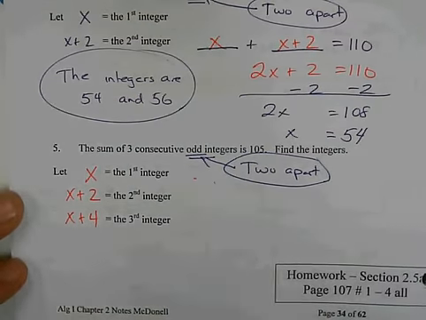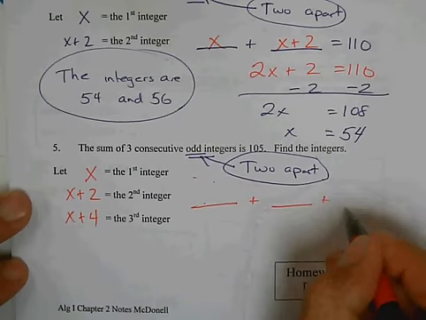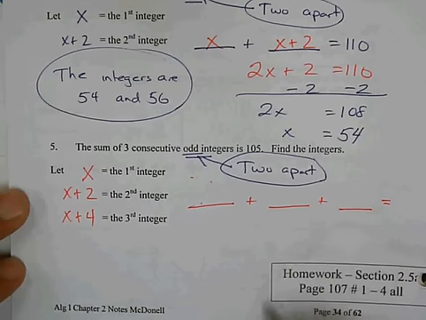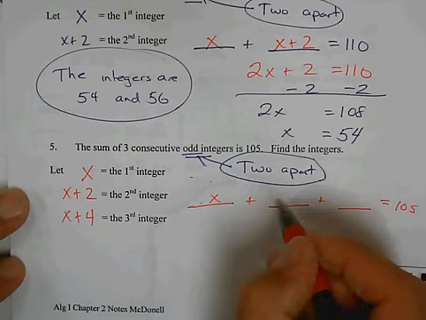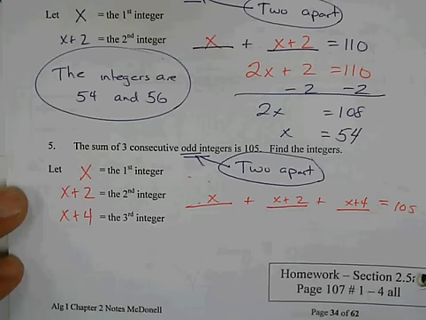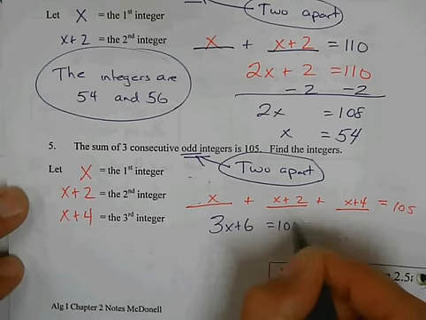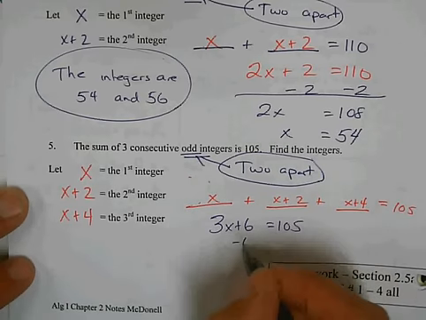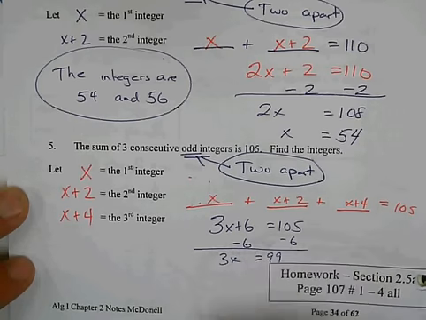How far are they apart? They're 2 apart. So let's do our blanks. Blank plus blank plus blank equals how much on this one? 105. So x, x plus 2, x plus 4. That gives me 3x plus 6 equals 105. Subtract 6. 3x equals 99.